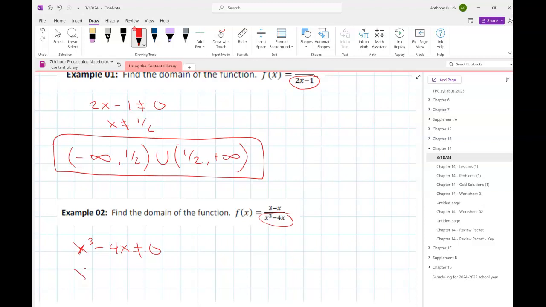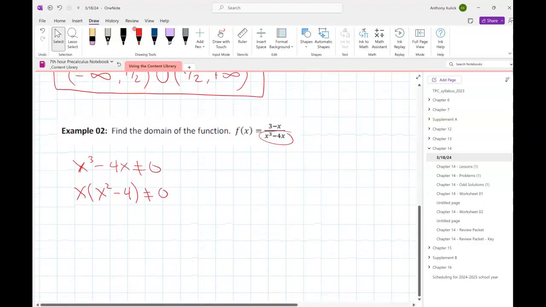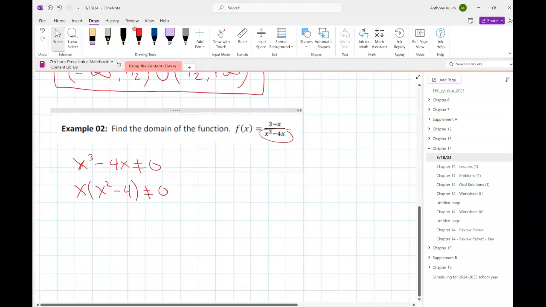Great, Reagan. We'll start by factoring out an x, because we notice that there's a greatest common factor of x in each term. If we look at the remaining piece, the x squared minus 4, can you take another x out? I can't take another x out of x squared minus 4. Right. But x squared minus 4 should look familiar.